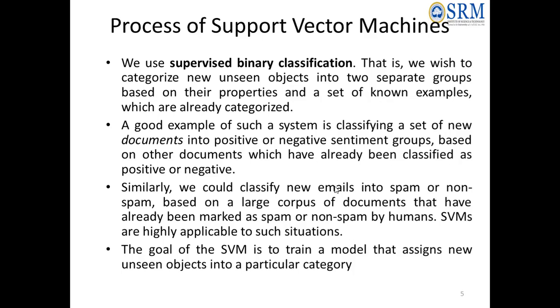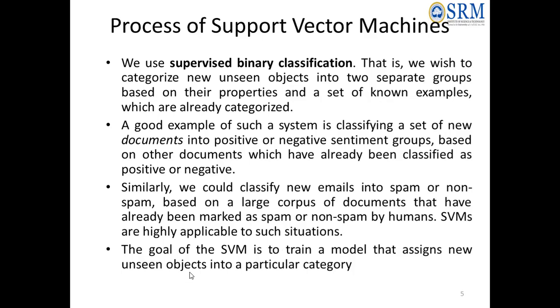There can be many examples, such as spam or not spam. Based upon the situation, training is given. We are going to find a new unseen object and place it in a particular category.